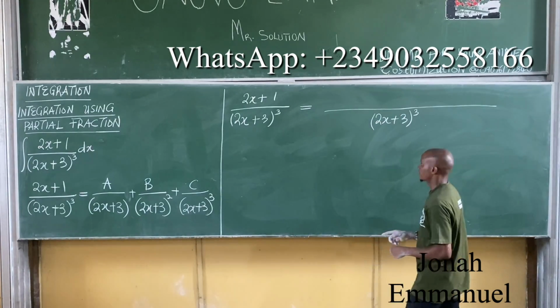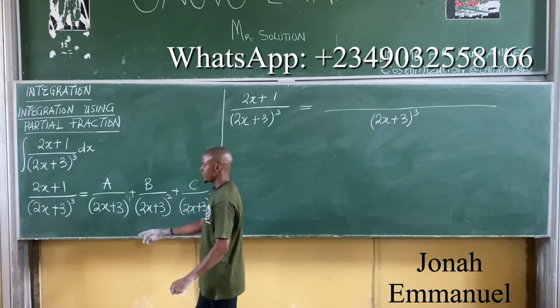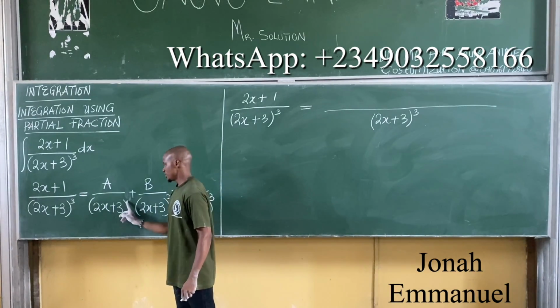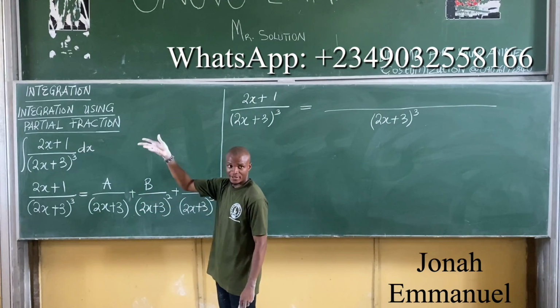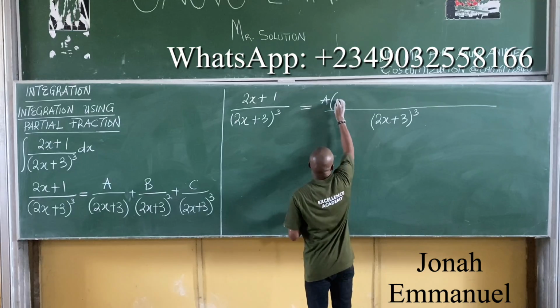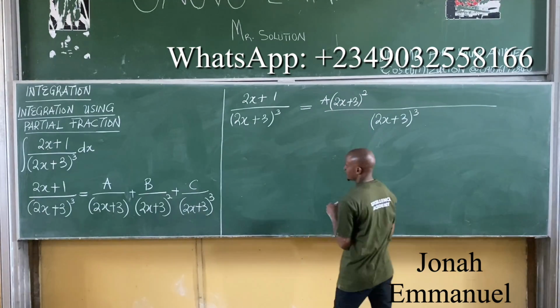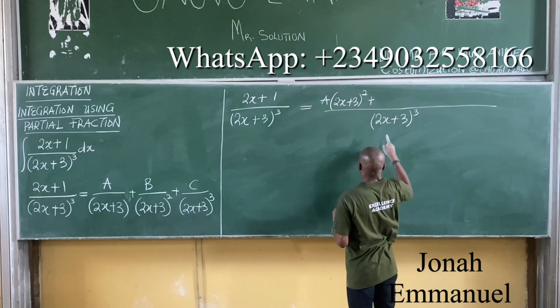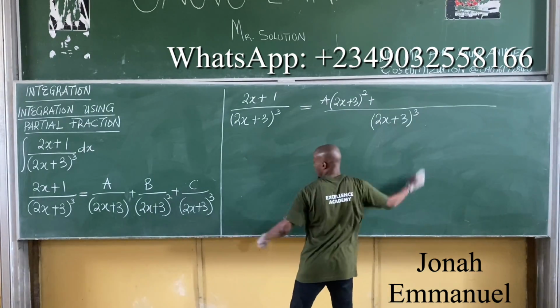Alright, so look at this please. This now, 2x plus 3 cubed dividing 2x plus 3, this will cancel, remaining this one squared. So it gives you A into 2x plus 3 squared. Plus, divide this by this, to power 3 to power 2.